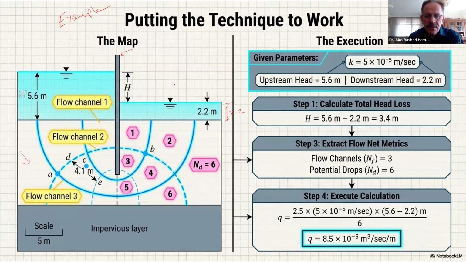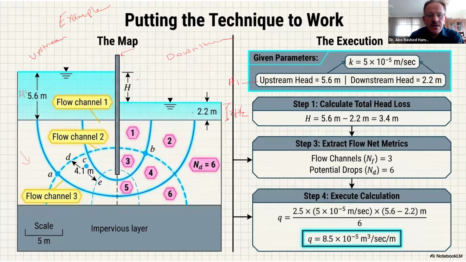So remember that in the upstream head, here is the H1. And in the downstream, the depth of water is 2.2.